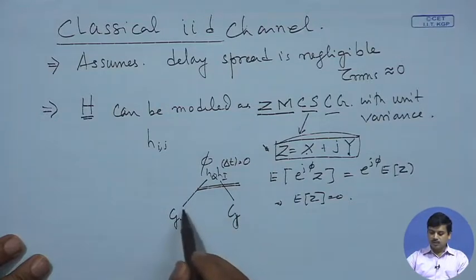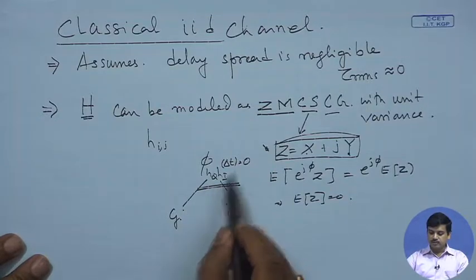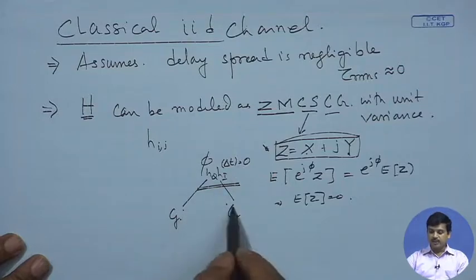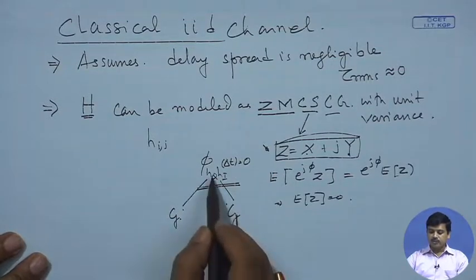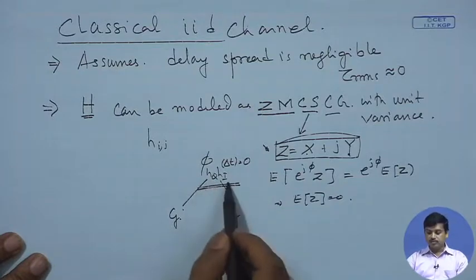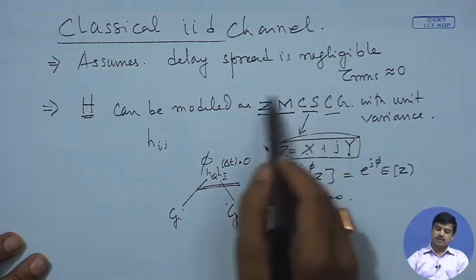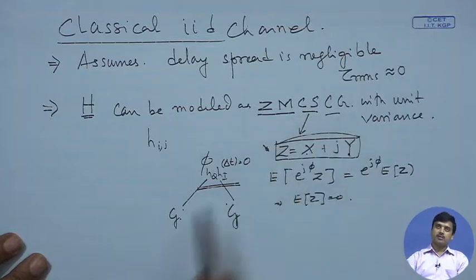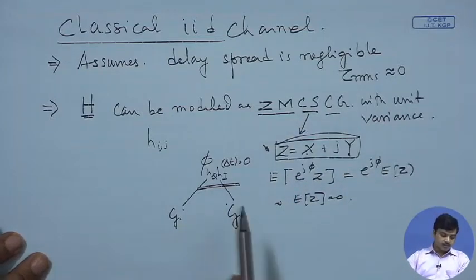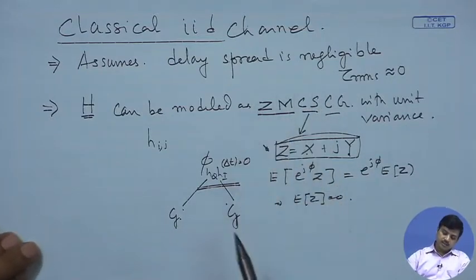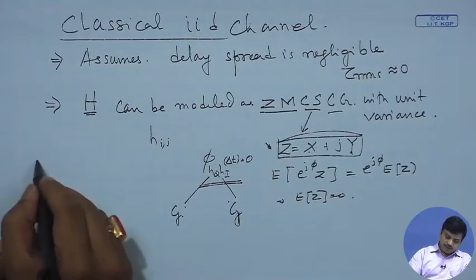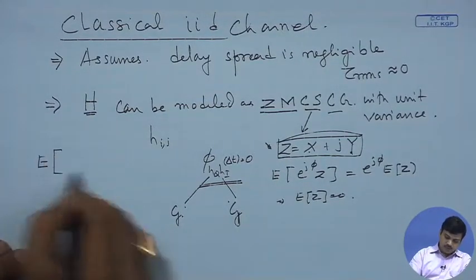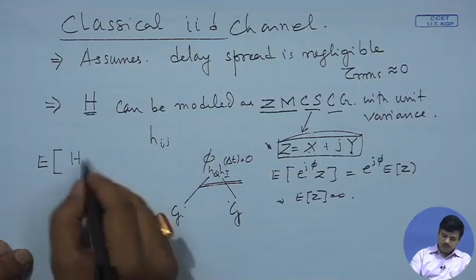Two Gaussian random variables which are 0 mean and uncorrelated are independent. So in our case the h i and h q components are independent. If they are 0 mean and complex, it is basically a 0 mean circularly symmetric complex Gaussian representation.